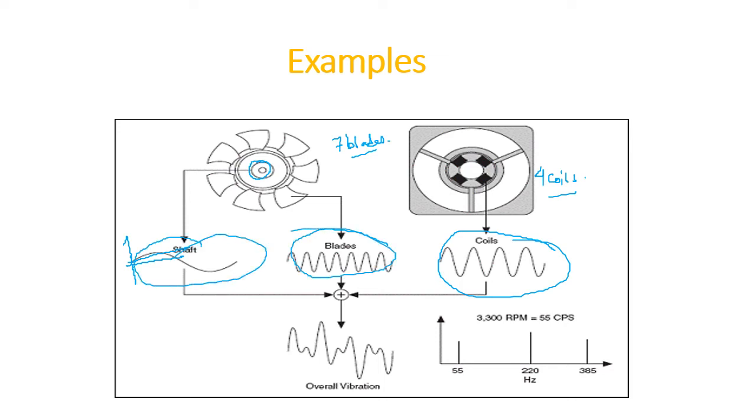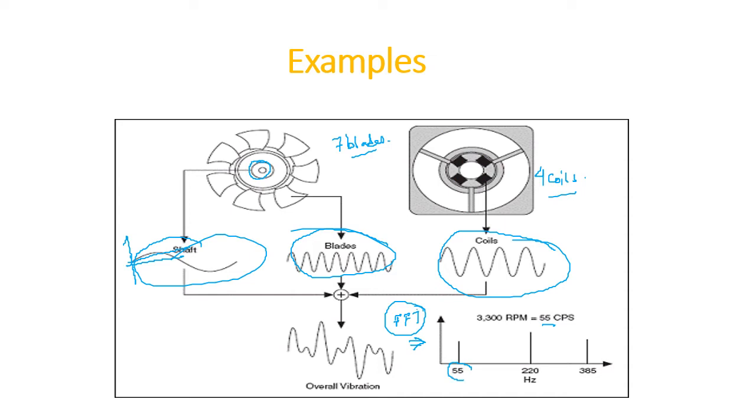When we get the vibration, we will get the addition of all these three, and it comes like this. So it is very difficult to interpret, right? So we can do the FFT on it, and we can plot amplitude versus hertz. Here you see they have plotted. Now 3300 RPM is equal to 55 CPS.